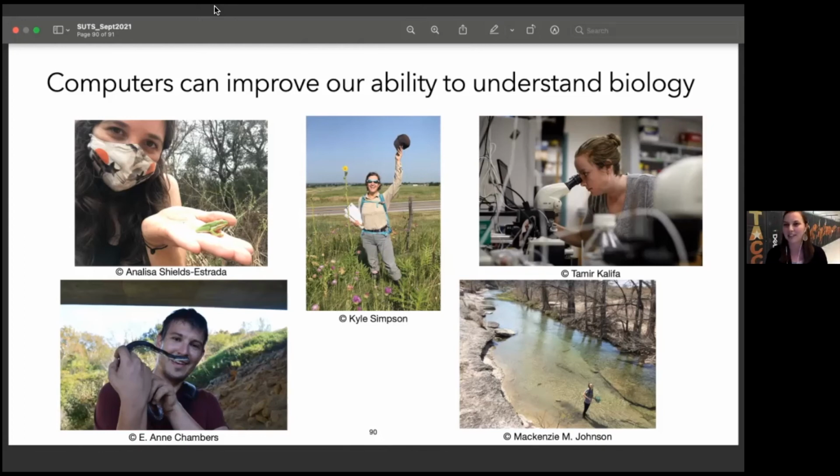And then ever since then have really just stuck to computational biology and teaching myself to program. I have tried other types of biology, like in the field and in the lab, but I definitely prefer being on the computer.